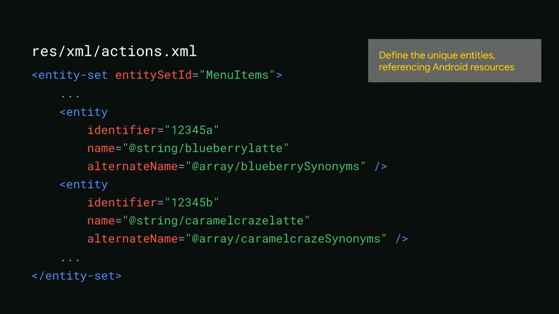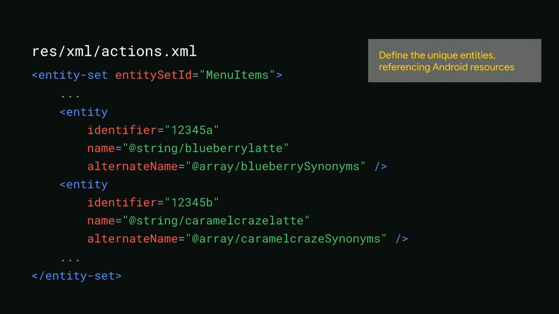Back inside our actions.xml, we've defined something new called an entity set, and we've given it an ID of menu items. It's that ID that we're going to use to link back to the parameter mapping block that I was talking about earlier. Within our entity set, we can define a number of entities. I've shown 2 here as an example. Each entity has 3 attributes.